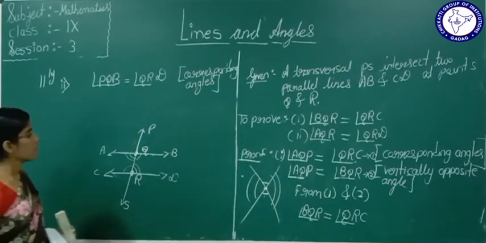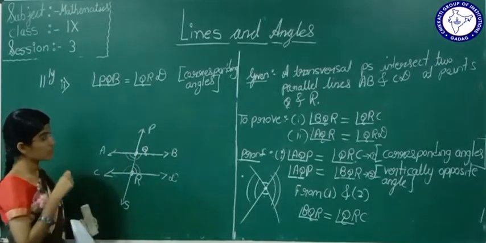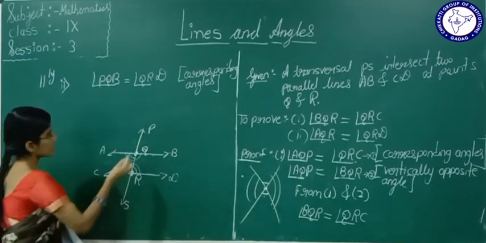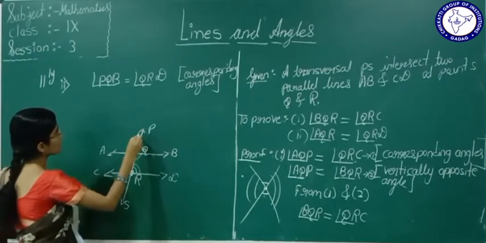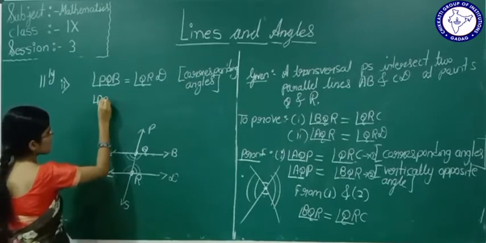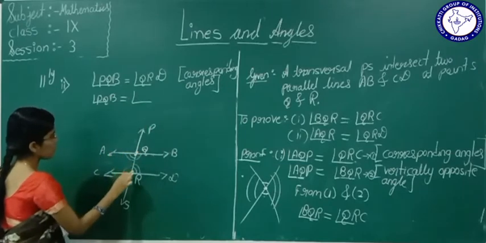Okay. Now see here, again what we have done there? We took vertically opposite angles, right? See here, angle PQB is equal to angle AQR.